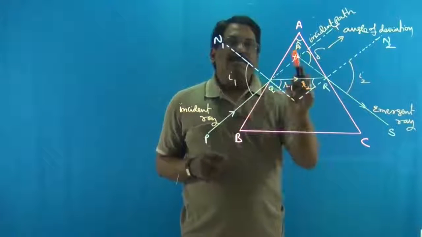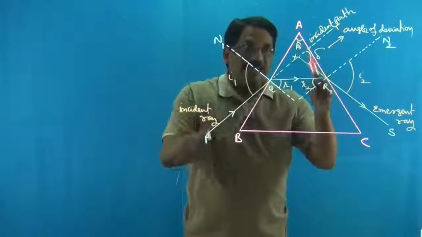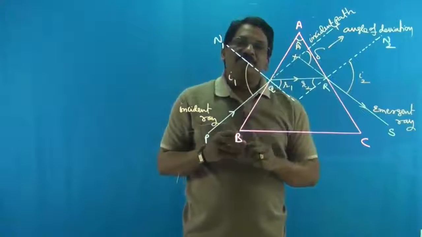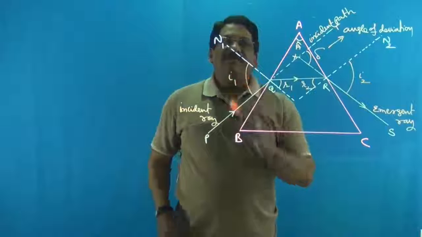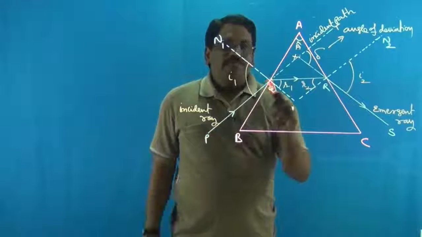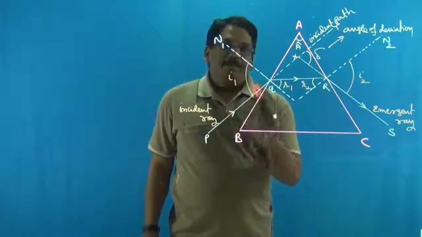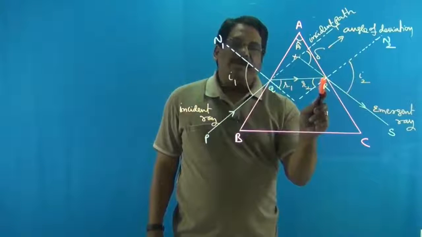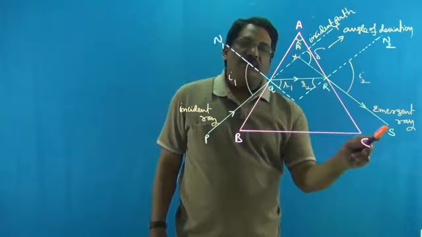Now the angle between the two refracting sides of the prism is called the angle of the prism, which is given as 60 degrees. Now PQ is an incident ray, QR is a refracted ray, RS is the emergent ray.